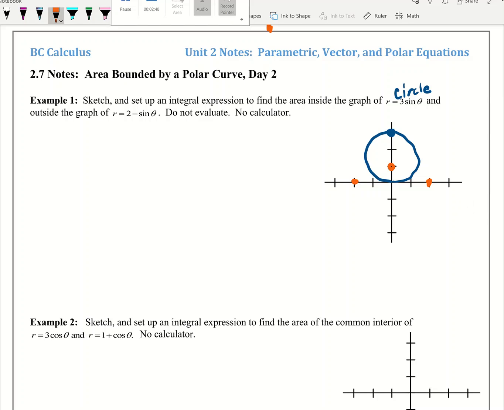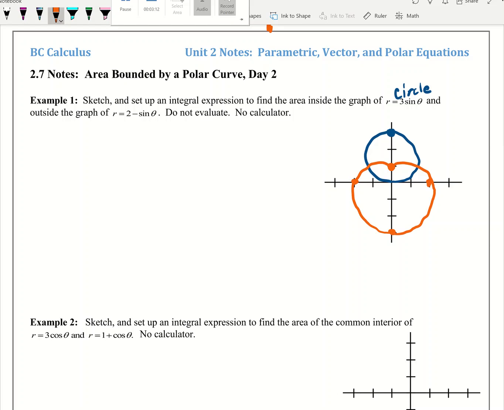This is going to be the tip of where the indentation of the dimple is. And then if I use 3 pi over 2, sine of 3 pi over 2 is negative 1. That'd be 2 minus negative 1, which is 3 in the direction of 3 pi over 2. So my limacon with a dimple looks something like this.